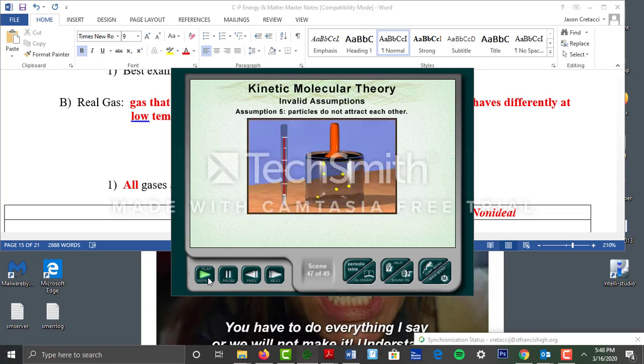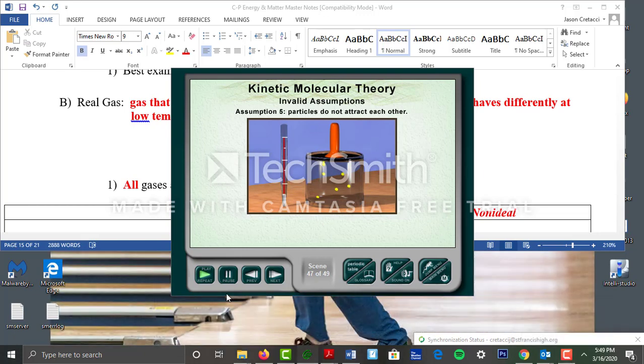Another assumption that is not valid for real gases is that gas particles do not attract each other. As you probably know, all gases can be turned into liquids at low enough temperatures. Particles in the gas phase are attracted to each other, but the gas particles are moving so fast that these attractive forces are not significant. When the temperature of the gas particles is decreased, the gas particles slow down, and the attractions between them become significant.